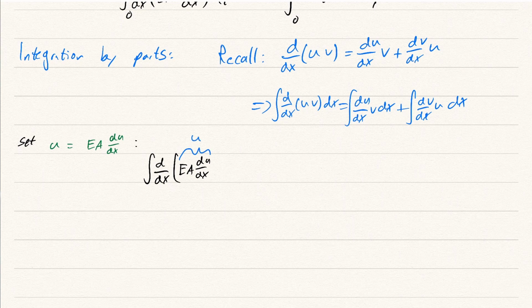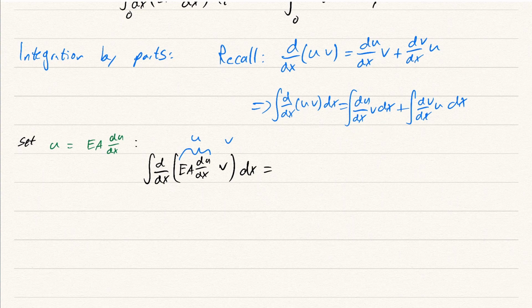So this is our u, and then our v here we're going to leave as v, just to make things more general, and I'll get back to why we have v here instead of phi. And then just dx.